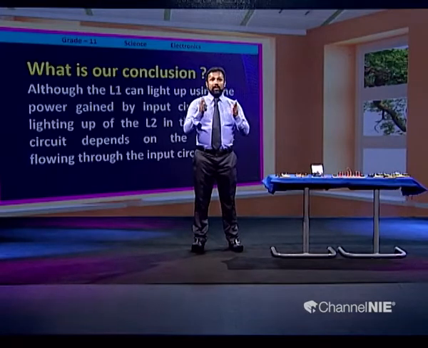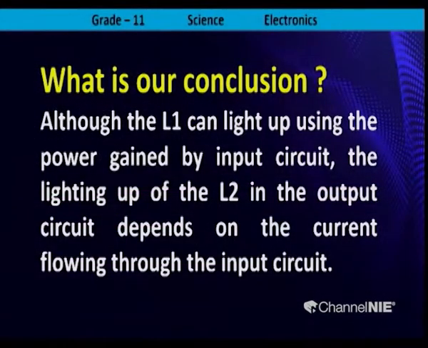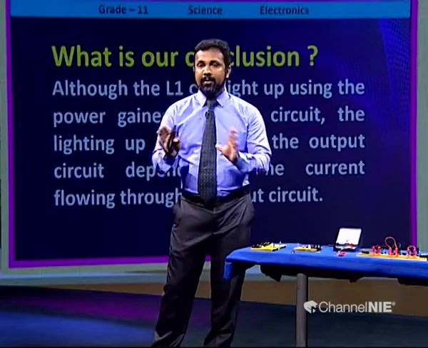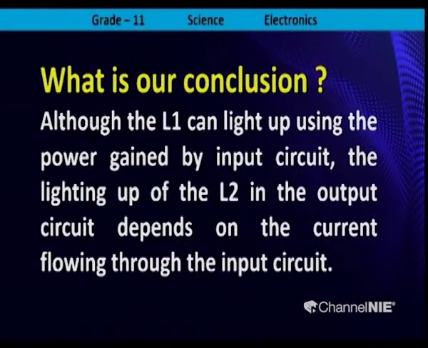Although the L1 can light up using the power gained by the input circuit, the lighting up of the L2 in the output circuit depends on the current flowing through the input circuit. If there is no flow of current in the input circuit, there is no flow of current in the output circuit.